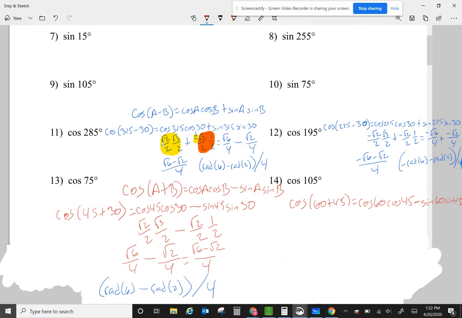All right, cosine of 60, remember your unit circle. Cosine of 60 is 1/2. Cosine of 45 is radical 2 over 2. Sine of 60 is radical 3 over 2. Sine of 45 is radical 2 over 2.